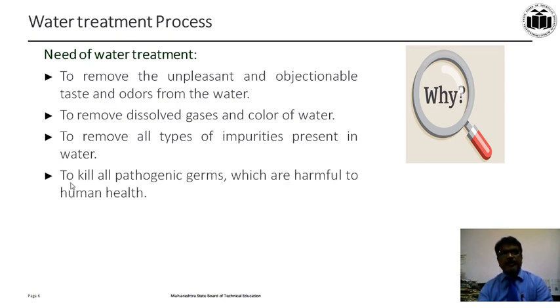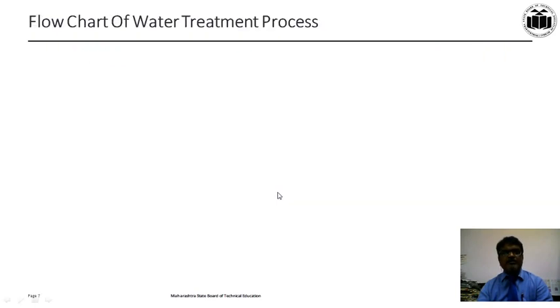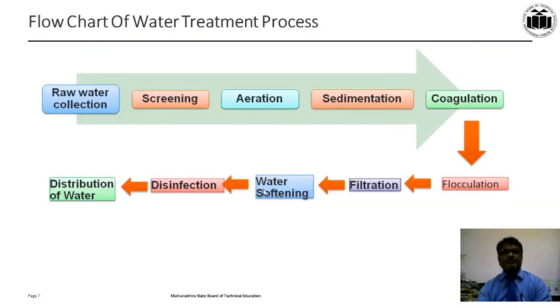Fourth, to kill all pathogenic bacteria which are harmful to human health. Fifth, to make the water fit for domestic, industrial and commercial use. So these are the needs of water treatment.